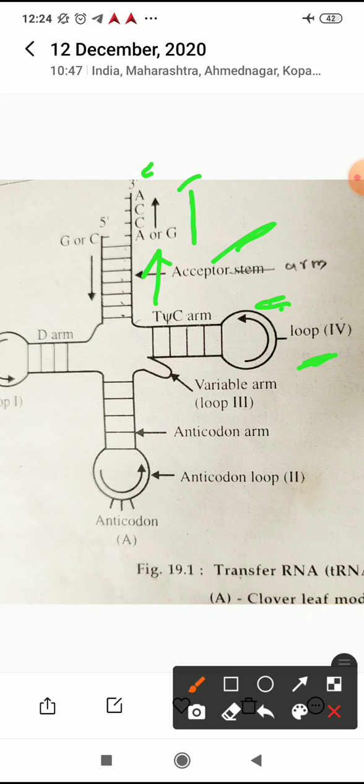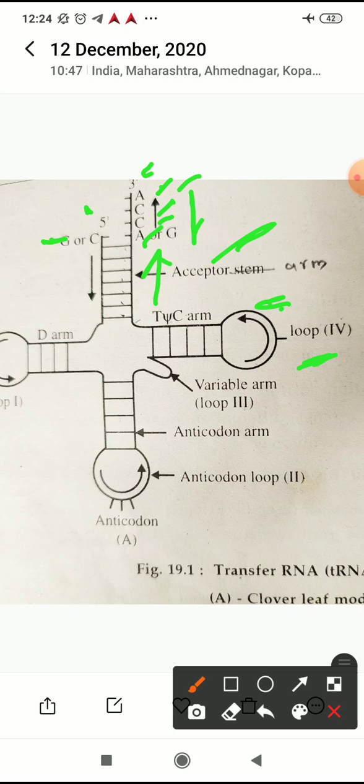This is the 3 prime end, and this is 5 prime end. So at 3 prime end, the adenine is the base, then comes cytosine, another cytosine base, and later here adenine or guanine, and this will depend on 5 prime end what it contains.